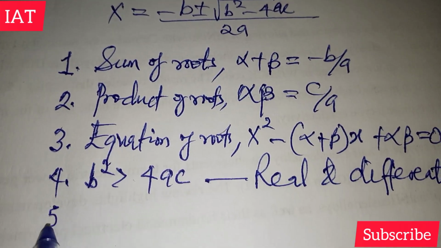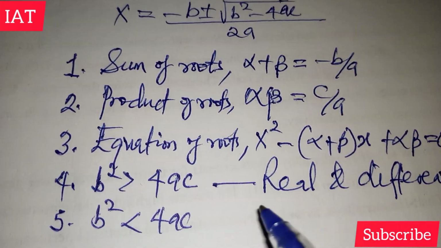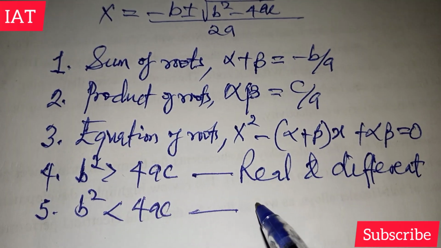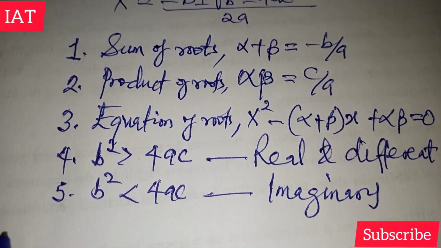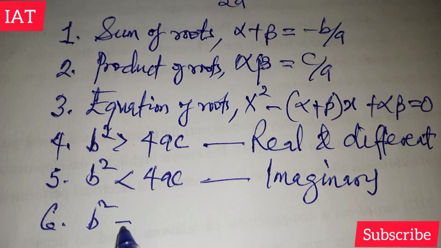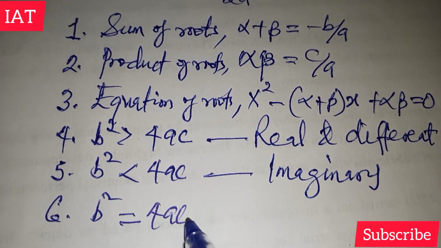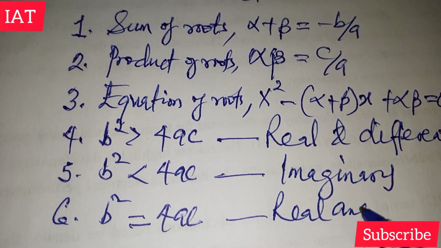What if b squared is less than 4ac? Then that is when we have imaginary roots. And then the final formula I want to introduce to you is when we have b squared equal to 4ac. And in this case, we have it to be real and equal.